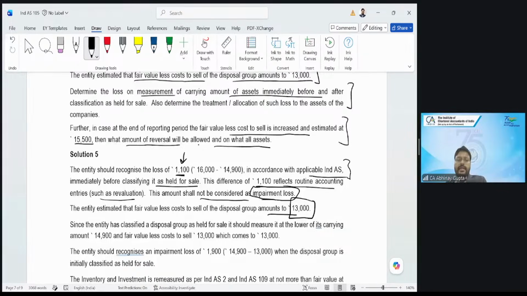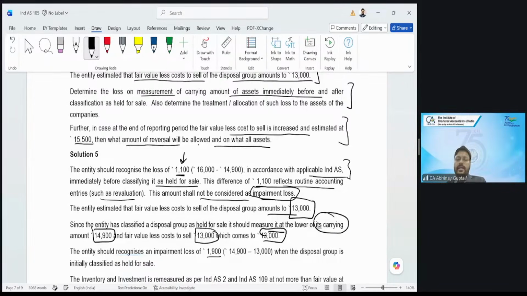So the entity has classified the disposal group as held for sale. It should measure it at the lower of its carrying amount on the date of making such classification and the fair value less cost to sell, which is also given in the question, 13,000. So lower is 1490 versus 13,000. So 13,000 is lower, right?